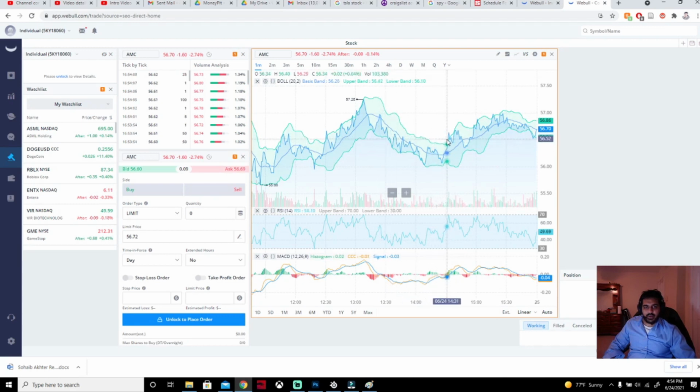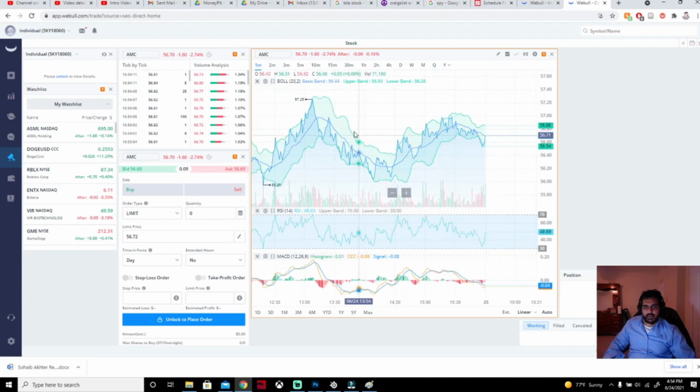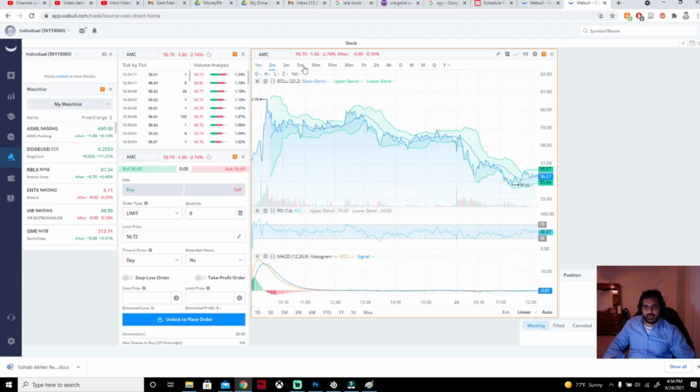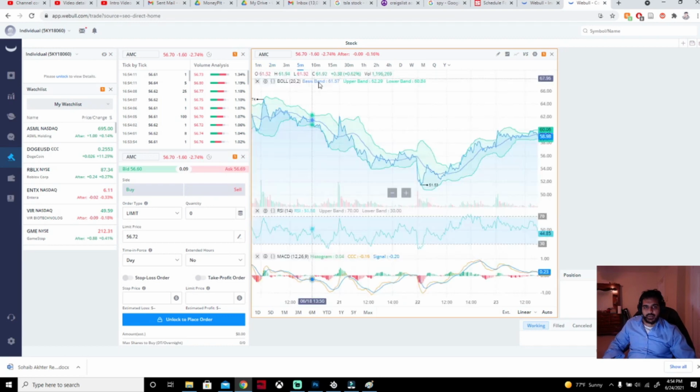Not too much of a gain per se, but this is on the 1 minute chart. If you were to do this on a greater level chart, you could see the swing lasts a lot longer. One way down, one way up. And then you'd have to ride these inner waves as well.